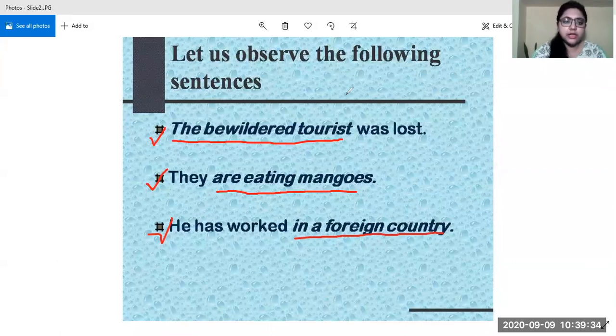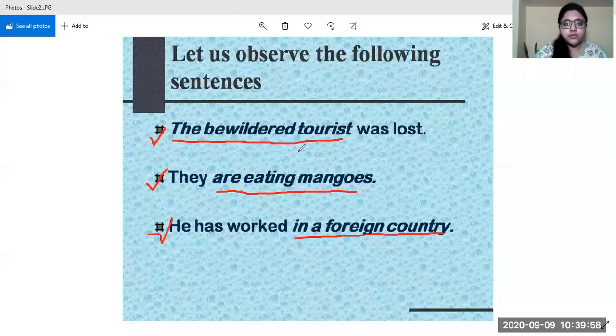Whenever we join these groups of words with some other groups of words, then only they can form a sentence. Otherwise, they give us some sense, but not a complete sense.